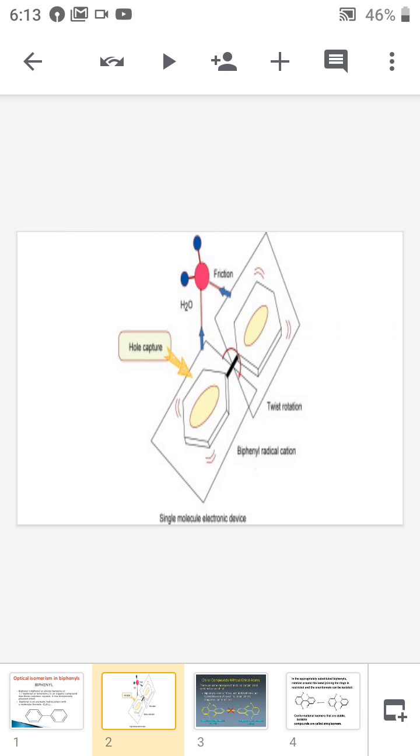The next plane is mutually perpendicular to that plane. So if a ring flips, the paper plane will exist in a perpendicular direction, and the remaining plane, which is perpendicular in the figure, is converted into the paper plane. So that is the flipping of the two phenyl rings in diphenyl.